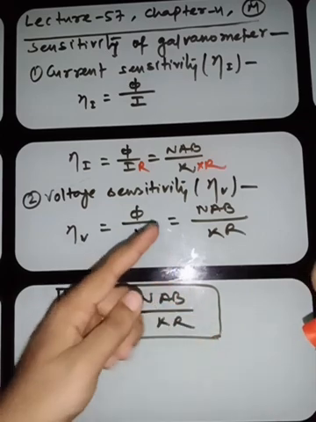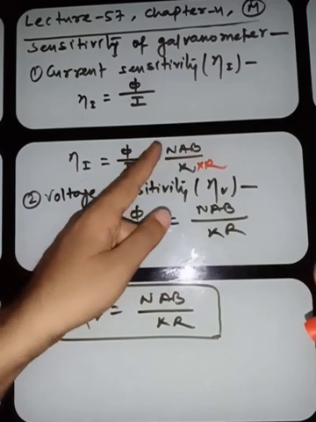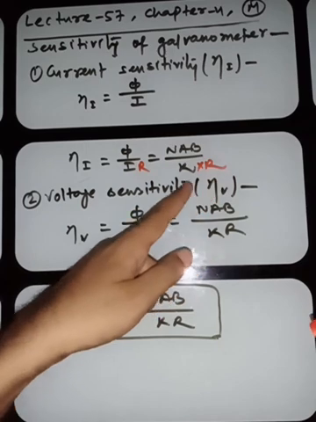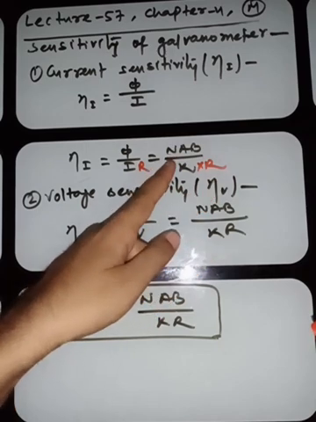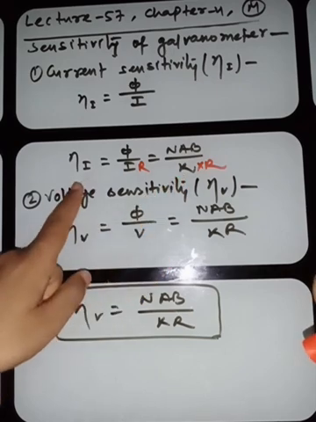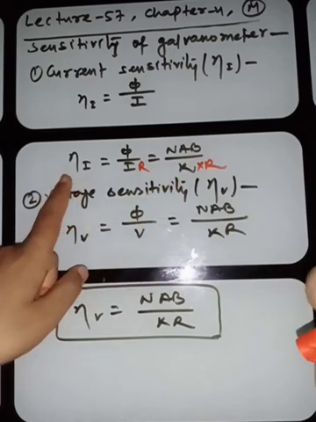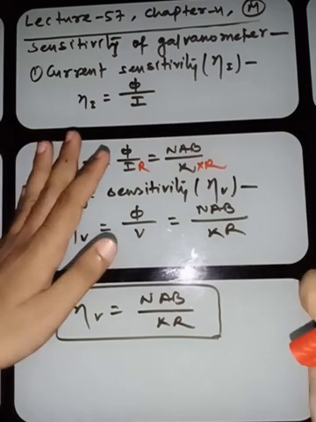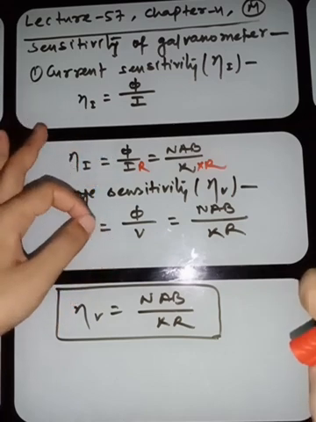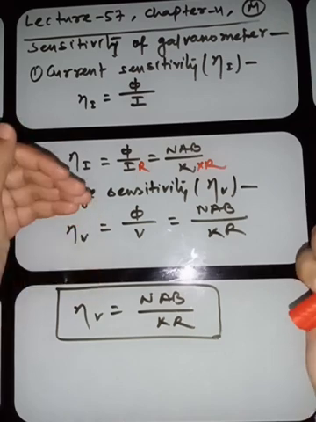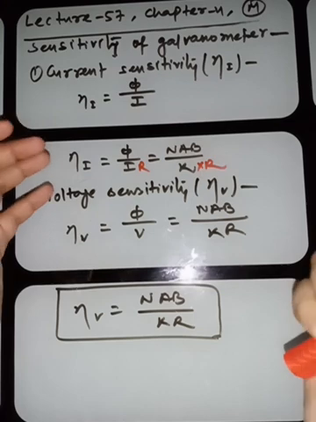So suppose you are increasing the current sensitivity, what does it mean? It means you are changing the value of NAB by K. If you are changing the current sensitivity, is it necessary that voltage sensitivity will change? The answer is no. It is not necessary that voltage sensitivity will be affected if current sensitivity is changing.